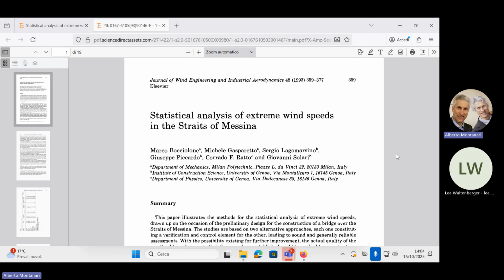It was published 32 years ago in the Journal of Wind Engineering and Industrial Aerodynamics, and it presents some methodologies that were used to find an estimate for the extreme wind speed to support the preliminary design of the Strait of Messina Bridge.